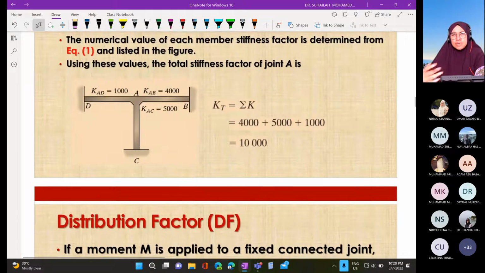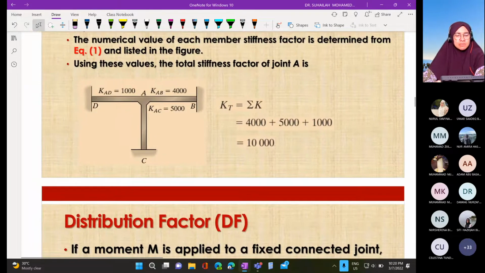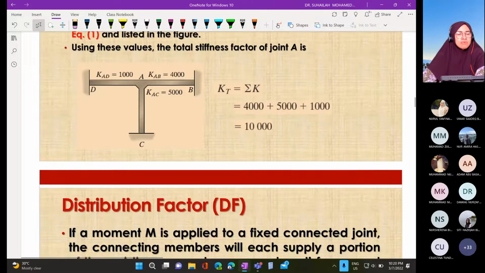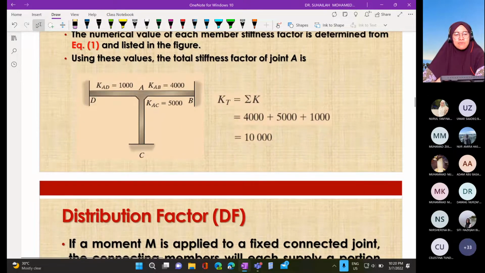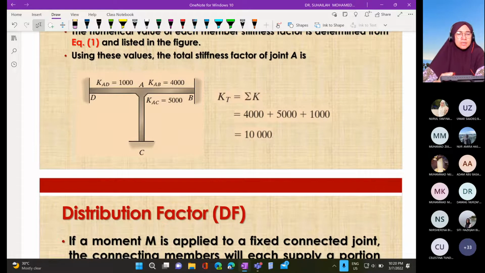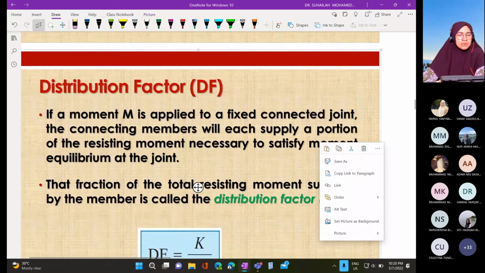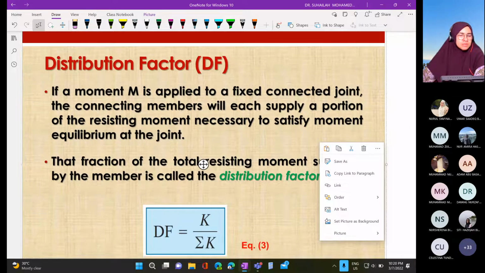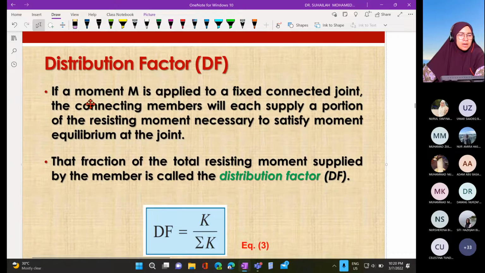This is a simple way to calculate the distribution factor. For example, we want to calculate DF for AD, DF for AC, DF for AB. Distribution factor, if a moment is applied to a fixed connected joint.